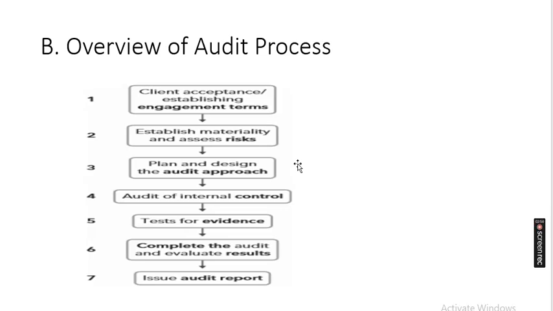So here we're talking about gathering audit evidence. Then we have to audit internal controls. After we audit internal controls, we test for evidence. After we test for evidence, we complete the audit and evaluate the results. Then finally, we issue the audit report. So that's what we'll be doing throughout this text. But our interest is on audit planning.